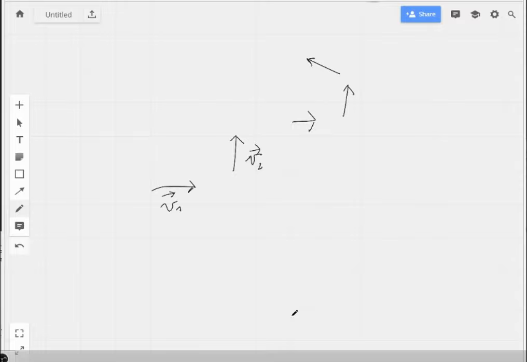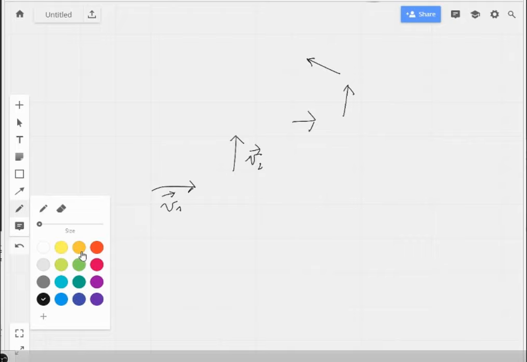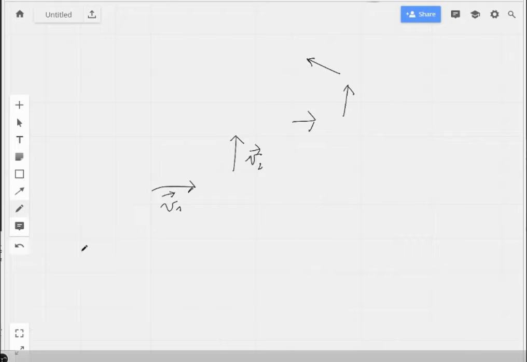Start by shifting vector 2 towards vector 1. So you would have the following.